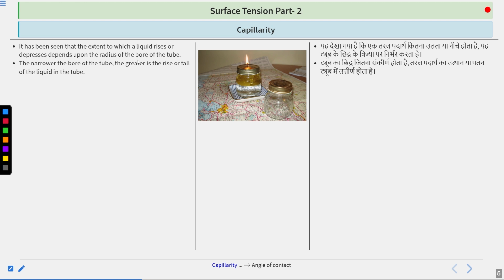So let's see how the radius of the bore of the tube affects the extent of rising or depressing of the liquid. The narrower the bore of the tube, the greater is the rise or fall of the liquid in the tube. In the beginning we saw that a capillary tube is a tube having a very fine bore.